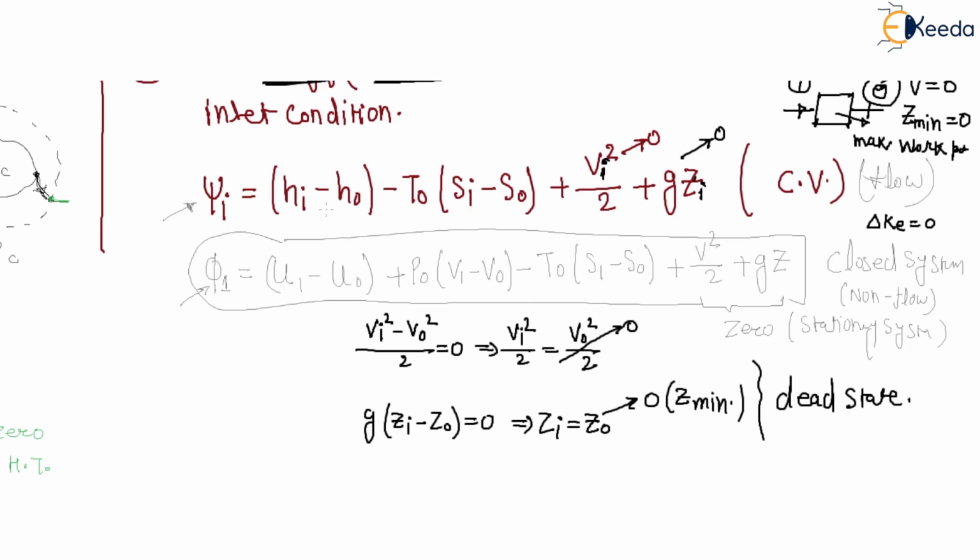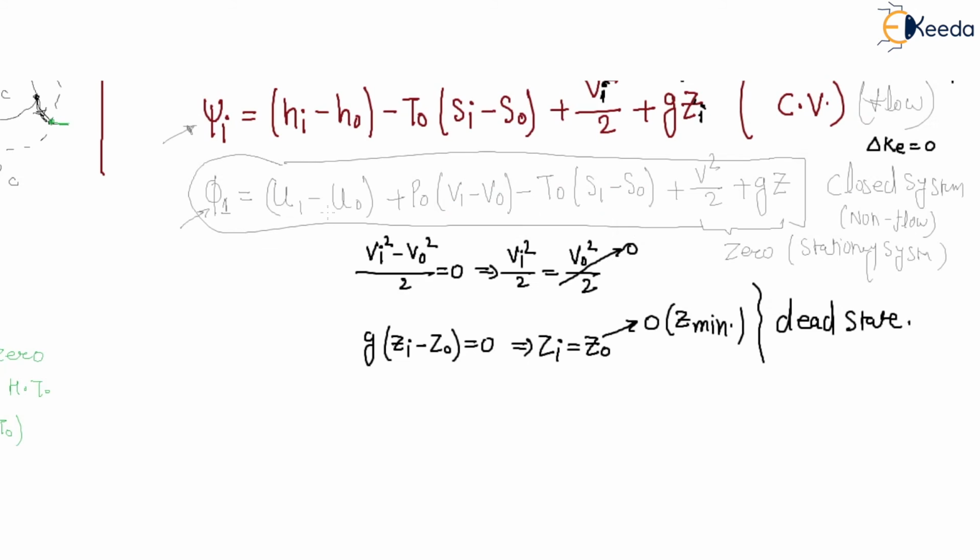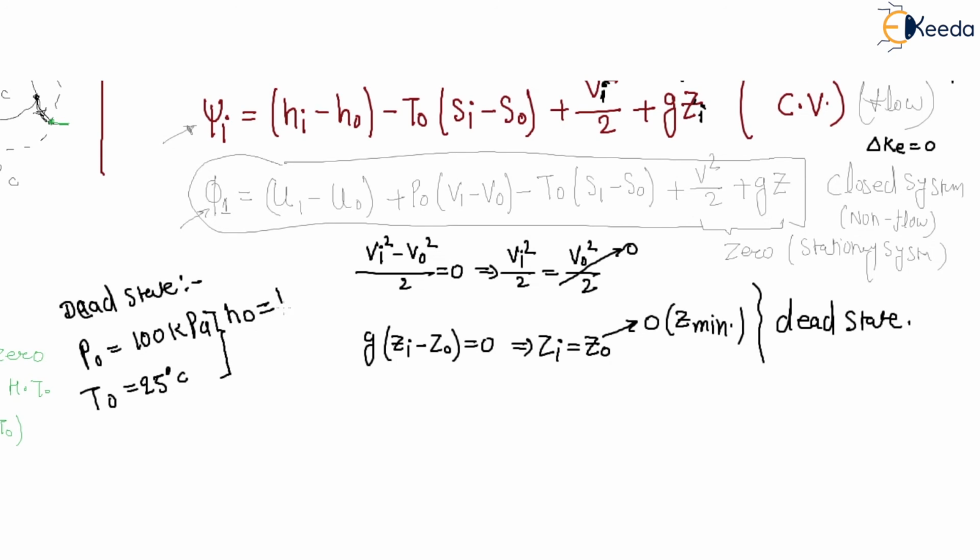If you put all this value, see what H0 and S0 are, very important. At the dead state, P0 is equal to 100 kilopascal, T0 is equal to 25 degree centigrade. From these two we have to calculate H0, and H0 is approximately Hf at 25 degree centigrade and S0 is equal to Sf at 25 degree centigrade.